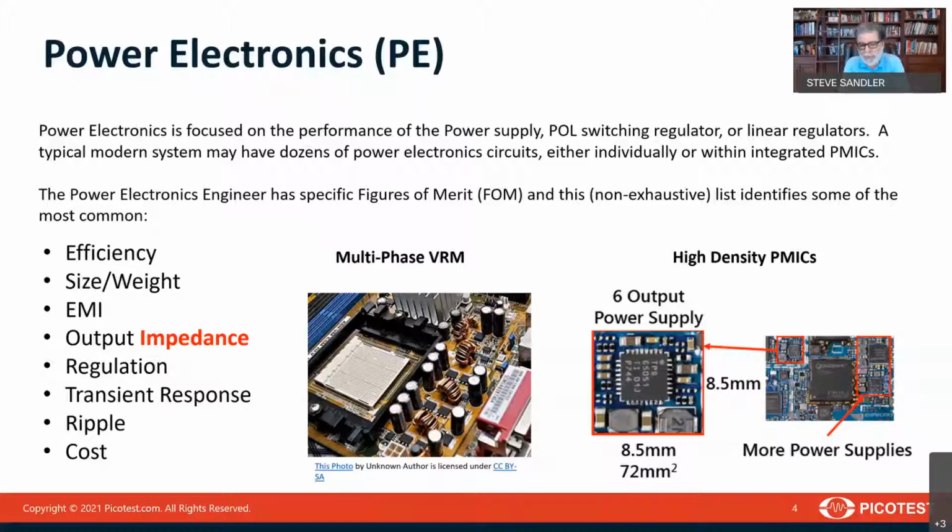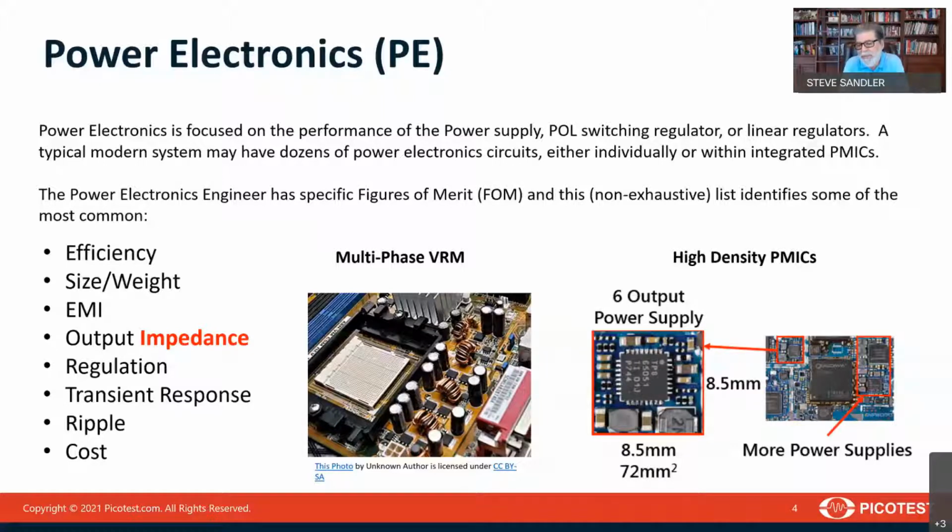So there are multi-phase VRMs, and these can get quite large and many phases. I think the largest ASIC I've seen to date is 1,600 amps in a 100 millimeter socket, and so these power supplies can be quite large.